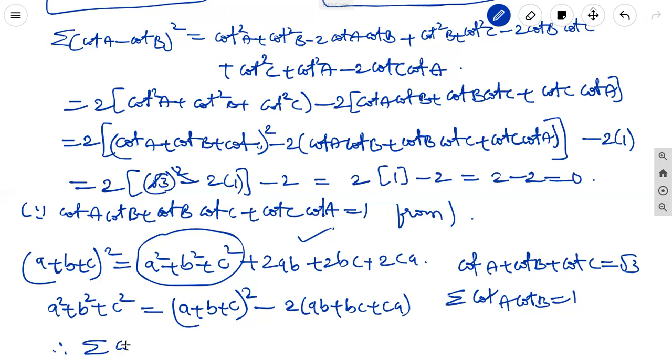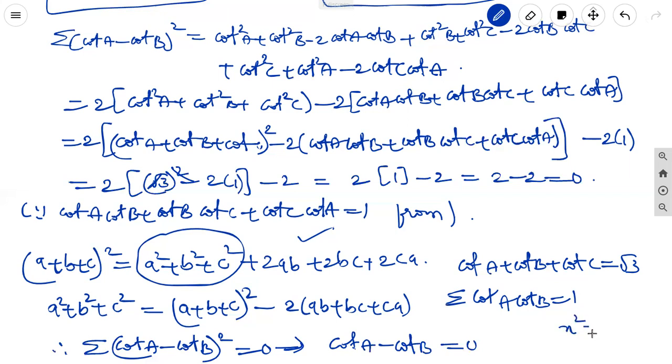Therefore, the summation of (cot A minus cot B) whole square is equal to 0, which means cot A minus cot B value is also 0. When we get a square equal to 0, it means if x square equal to 0, then x equal to 0.